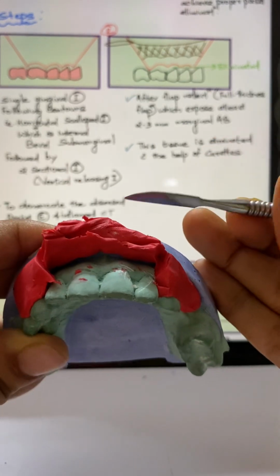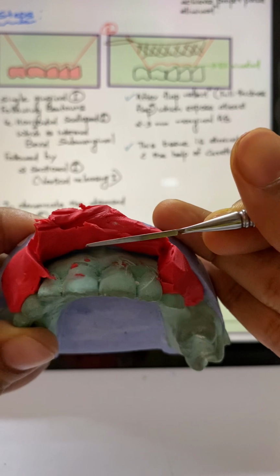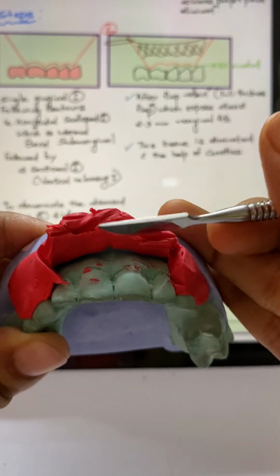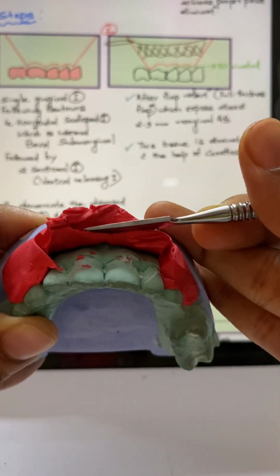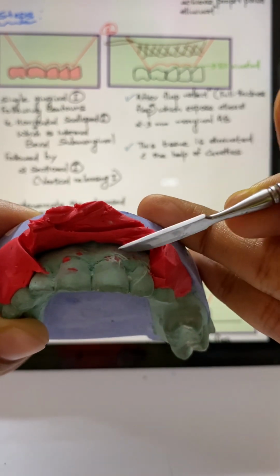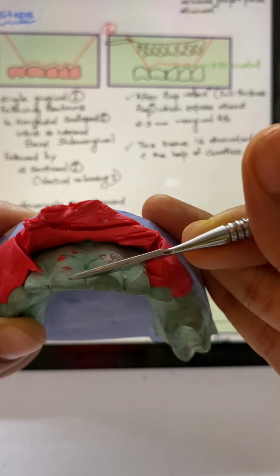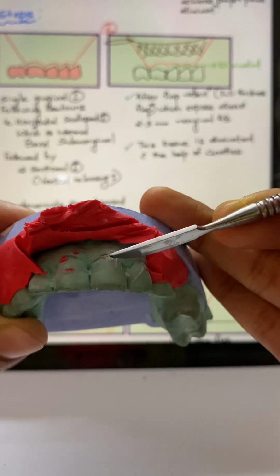Now we have reflected the flap. After the flap reflection, that means it is a full thickness flap. We have removed all the periosteum, everything. And then we have exposed at least 2 to 3 mm of the marginal alveolar bone. And we have removed this tissue with the help of curettes.